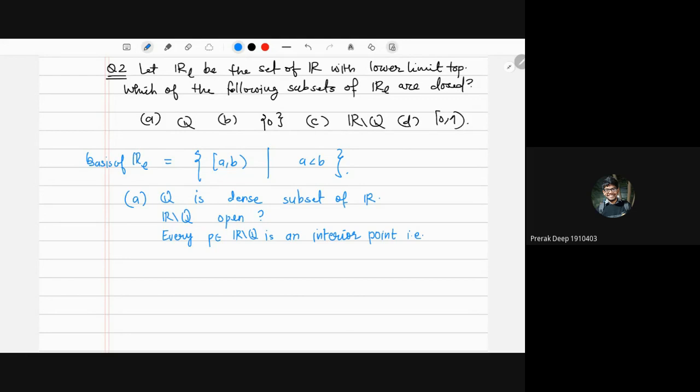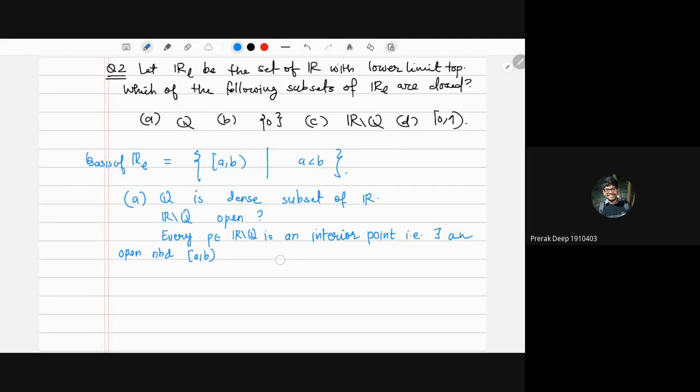That is, there is an open neighborhood of p of this type contained inside R minus Q, in order to say that it is an interior point.